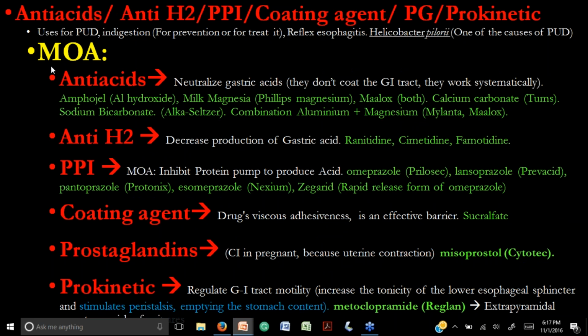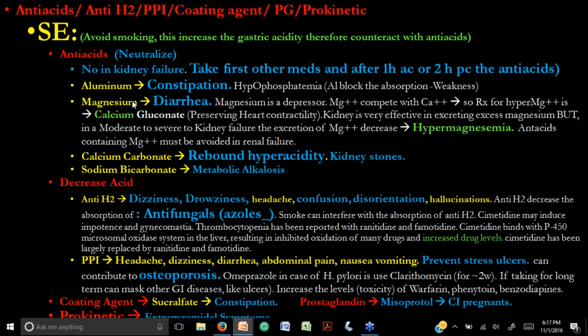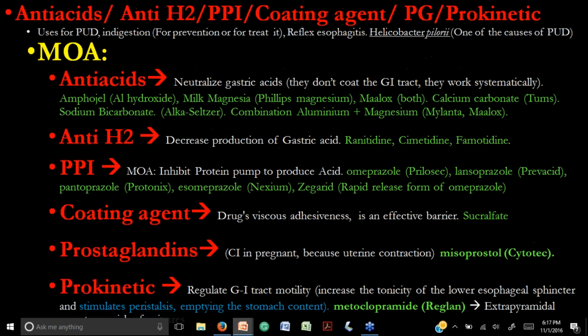We are going to review a little bit here. Antacids, I will put it here. The most common are aluminum hydroxide, then calcium carbonate, which is an antacid, and sodium bicarbonate.